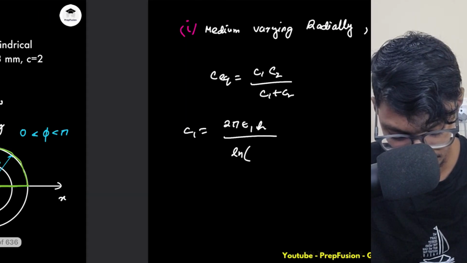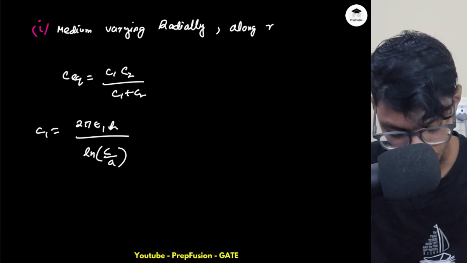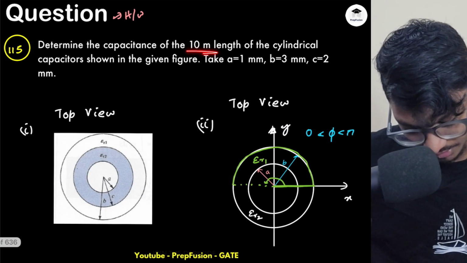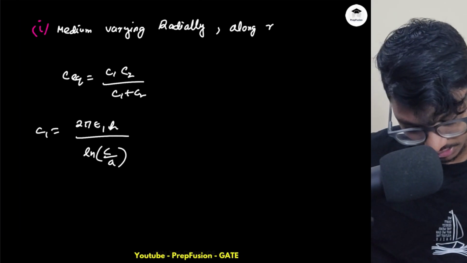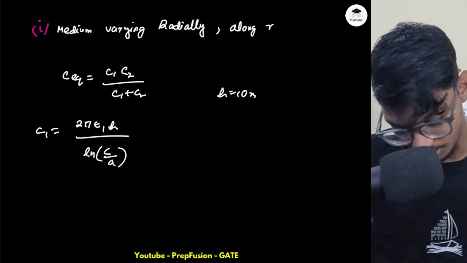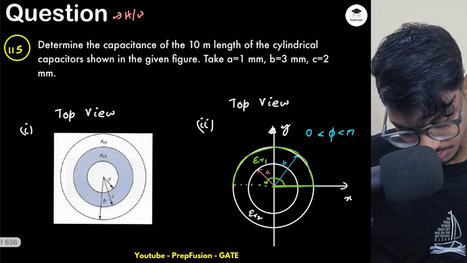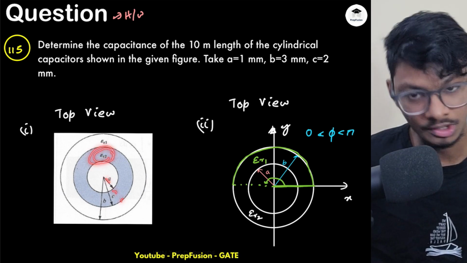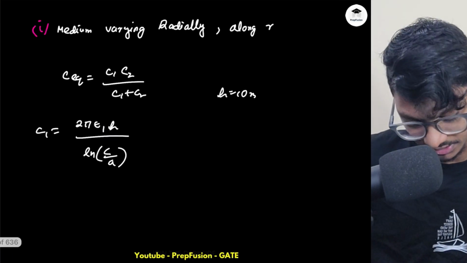So bigger is in this case C by A. Just remember that the height they have given is 10. All those things I will put later on, and C by A I will write, and this will be simply epsilon R2. Please remember, between A and C I have epsilon R2 and not epsilon R1, so don't make that mistake.